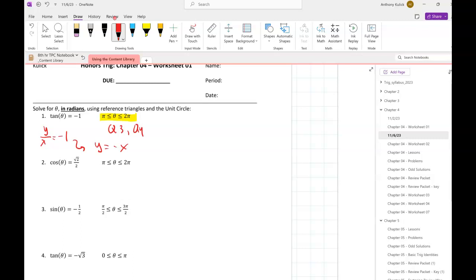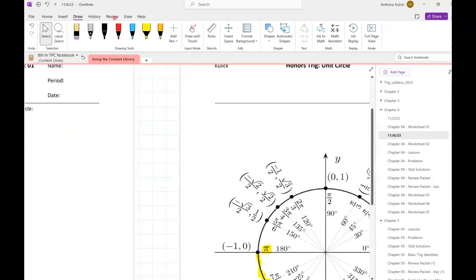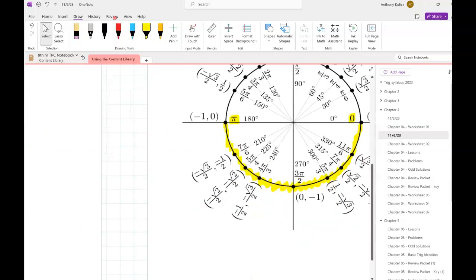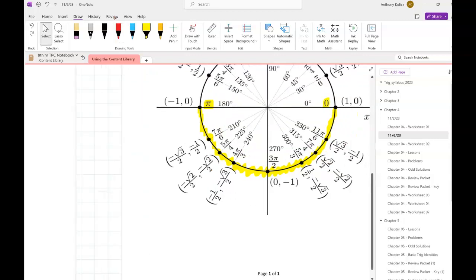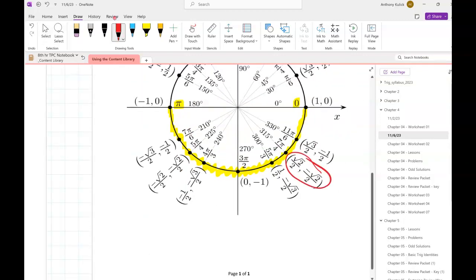So I'm going to look at quadrants 3 and 4 for places where the x and y are the same number, but opposite signs, one positive, one negative. If I look at quadrant 3, I see this place where they're the same number, but they're the same sign, so that's not what I want. If I look in quadrant 4, same number, opposite signs. So the answer I want is 7 pi over 4.